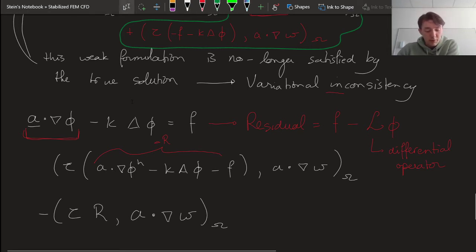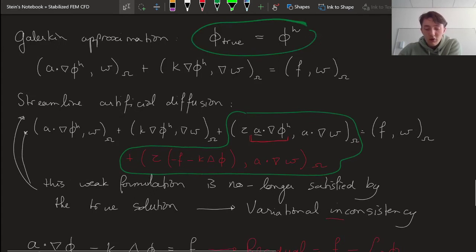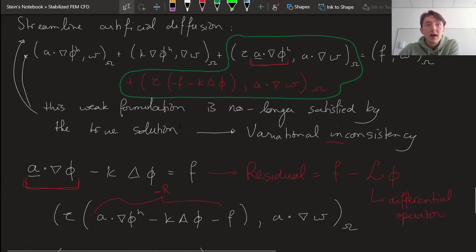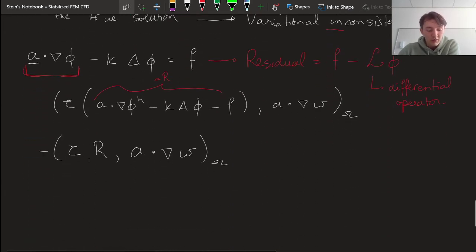Why does that fix our problem? Well, the issue was that if we substituted the true solution into the weak formulation, then in the Galerkin approximation that was satisfied, but in the streamline artificial diffusion problem or formulation, it was no longer satisfied. However, the true solution satisfies that the residual is equal to 0.